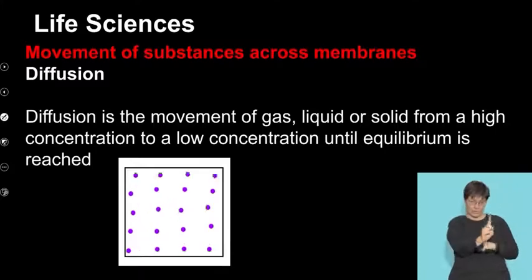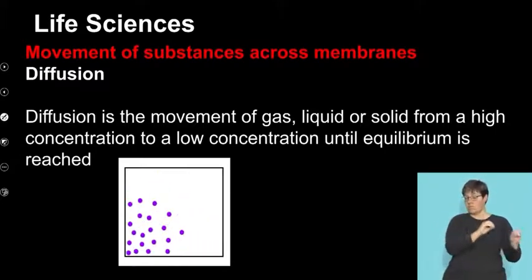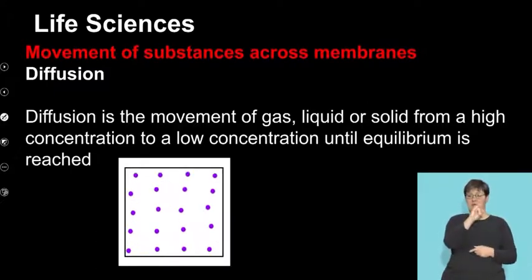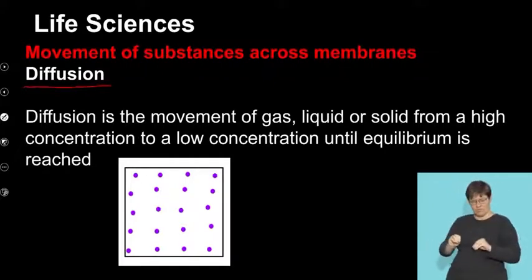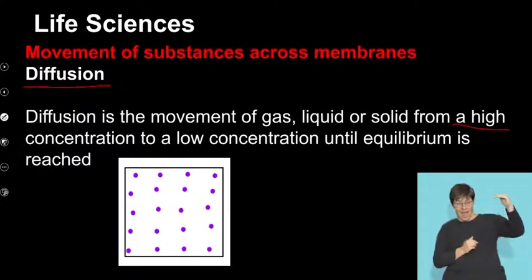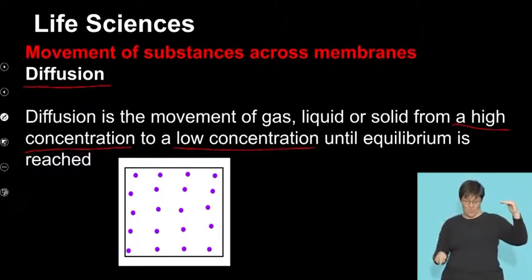Now, when it comes to movement, the first type of movement is called diffusion, and you'll see I have a little picture that was going over there. And what is diffusion? It is the movement of a gas, a liquid, or a solid, and it moves from a high concentration to a low concentration until equilibrium is reached.